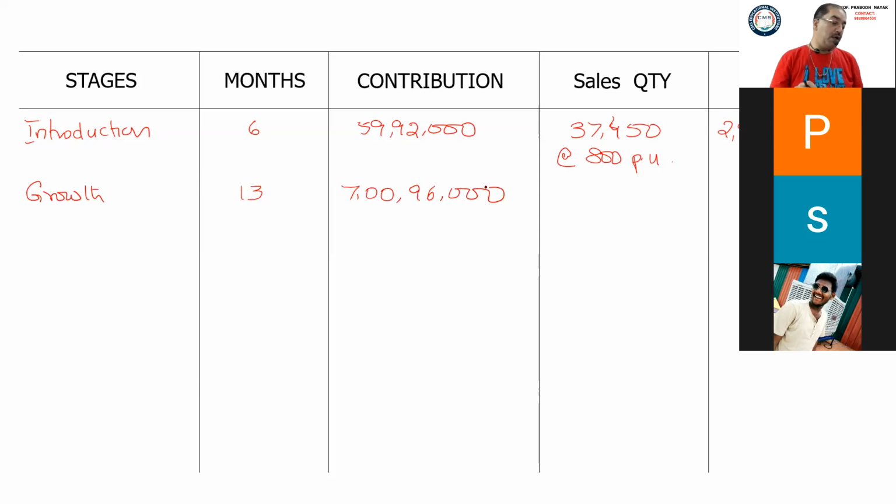Calculate and tell me the quantity now. 11,550 plus 12,800 plus 15,950.